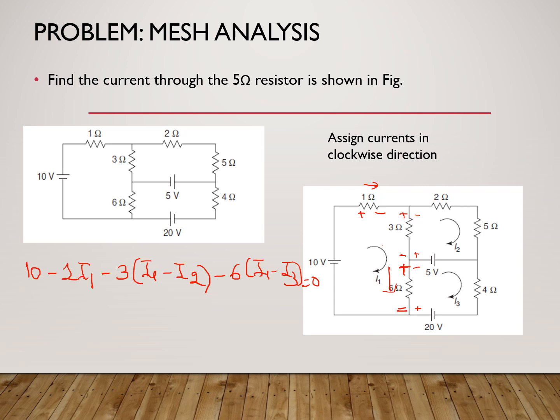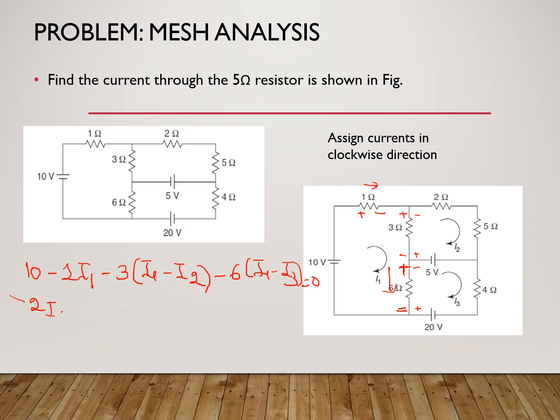Similarly, write the KVL for mesh 2, again going in the clockwise direction, because the direction of I2 is like this. So maybe I'll start from 2 ohm, then go to 5, then follow this and reach 3 ohm. So that is how I'm going to be writing the equation. So minus 2 into I2.